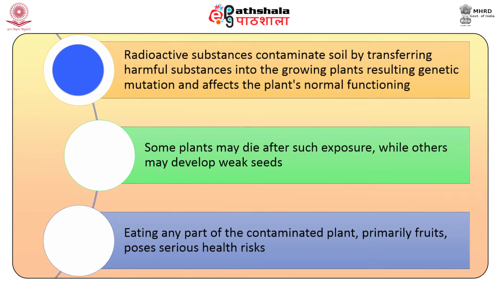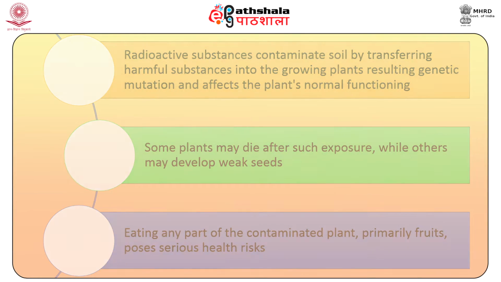Radioactive wastes contaminate soil by transferring harmful substances into growing plants, resulting in genetic mutation and affecting the plant's normal functioning. Some plants may die after such exposure, while others may develop weak seeds. Eating any part of the contaminated plant, primarily fruits, poses serious health risks.